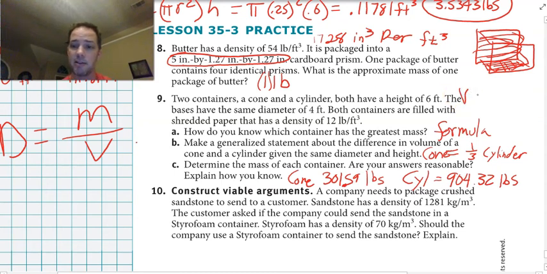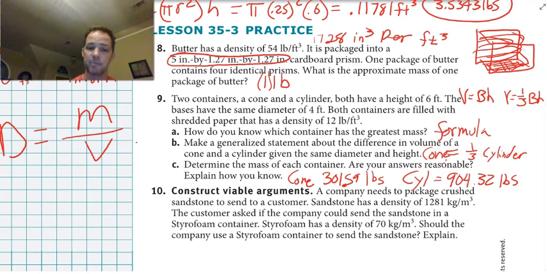Volume of a cylinder equals area of the base times height, and volume of a cone equals 1/3 area of the base times height. So the cone is going to be 1/3 the volume of the cylinder, and because they have the same density, it'll be 1/3 of the weight as well.